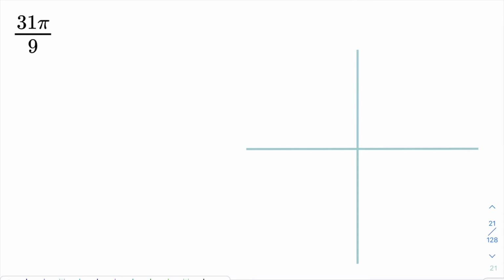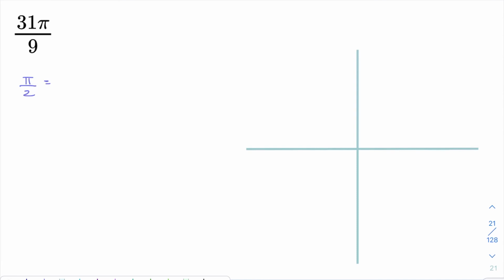So the first thing I need to do is think about a quarter turn. Remember, we're going positive, counterclockwise, because it's a positive angle. I've got my initial side that's going to go there. I know a quarter turn is pi over 2, but thinking of 31 pi over 9 in terms of where that would be is difficult because there's nothing over 9.